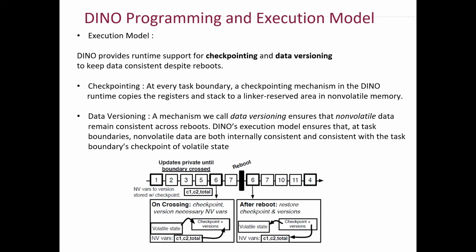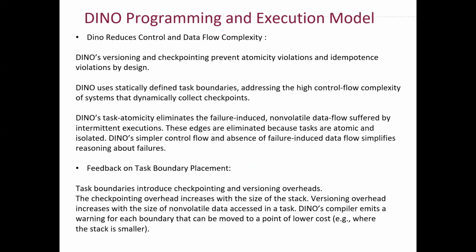Copying this non-volatile variable to volatile memory on the stack ensures that checkpoints include these variable values. So DINO's implementation of task boundaries includes corresponding code to restore non-volatile variables from their checkpointed volatile versions when the execution resumes. This is something which happens before checkpointing.